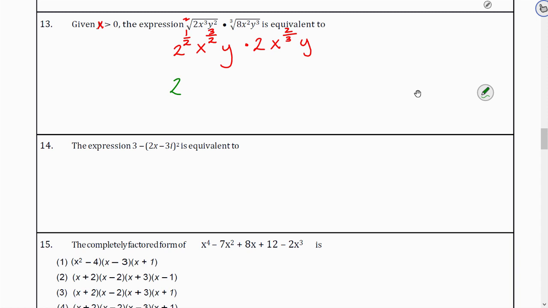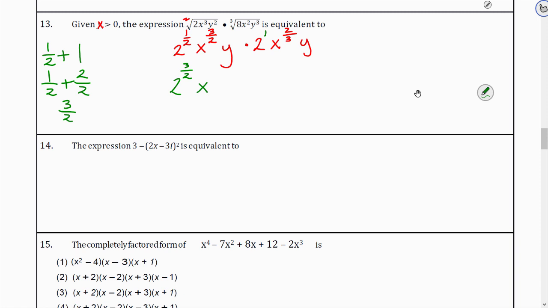So I have 1/2 plus 1. To add these fractions, I need a common denominator. 1/2 plus 2/2 is 3/2. So we get 2 to the 3/2 power.